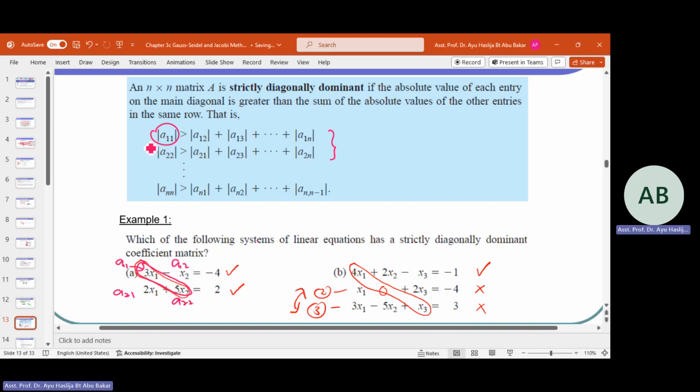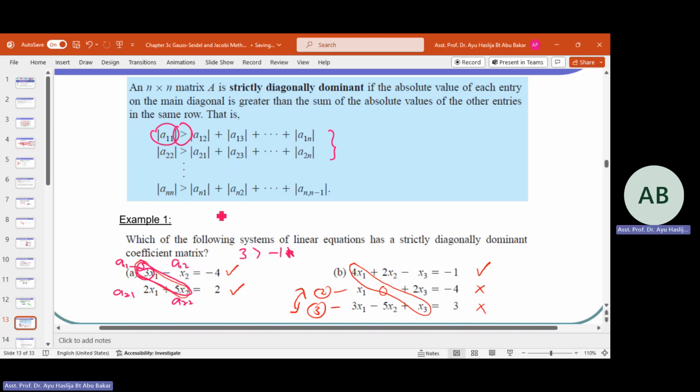So for A11, we follow this rule. A11, which is 3, should be larger than A12, which is minus 1, plus A13. Is there any A13? No, this one is only 2 by 2. So A11 must be larger than A12.